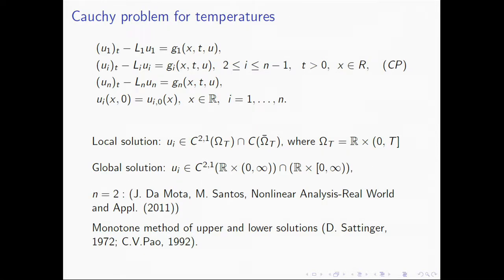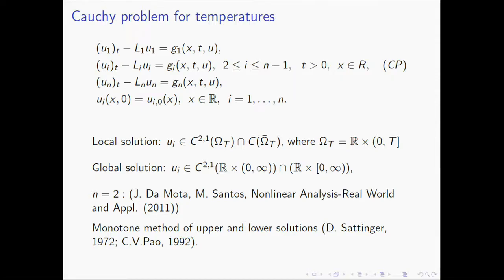So we have this set of equations: layer 1, layers between 2 and n minus 1, and layer n, because the function is different in these three equations, plus the initial data.